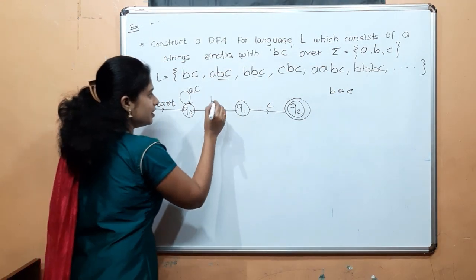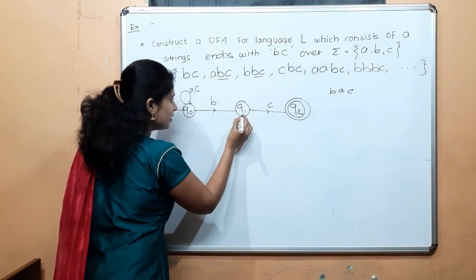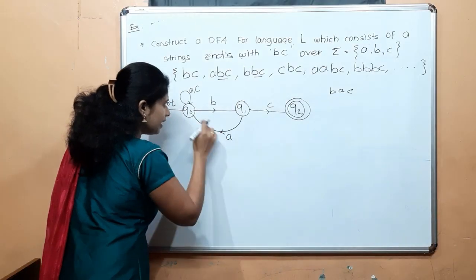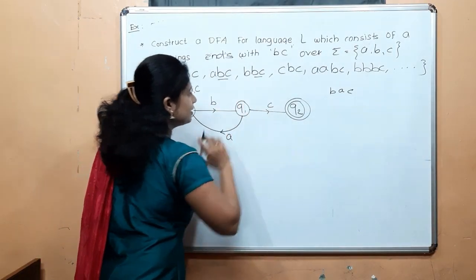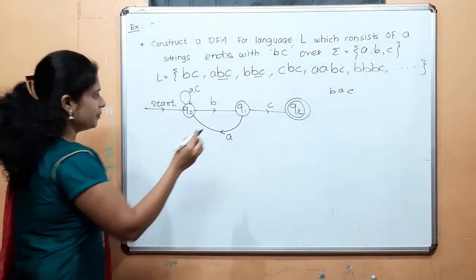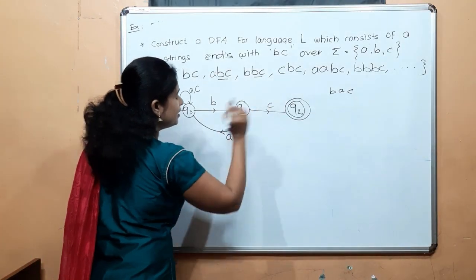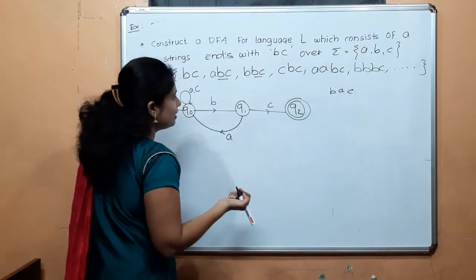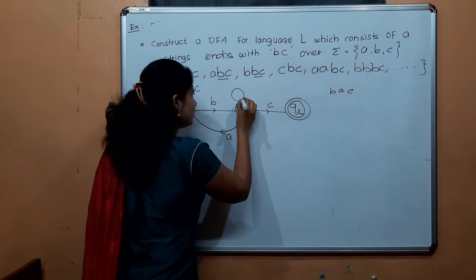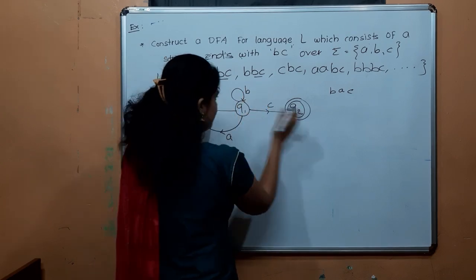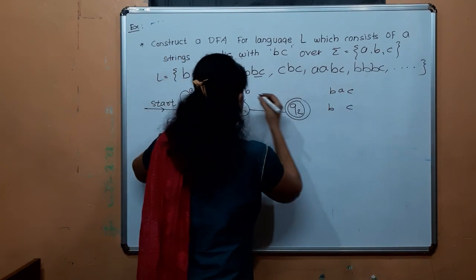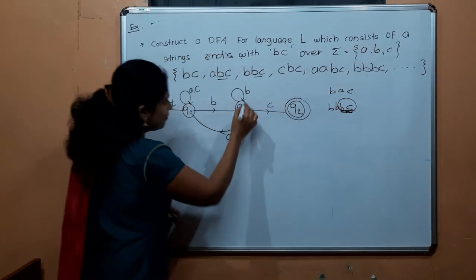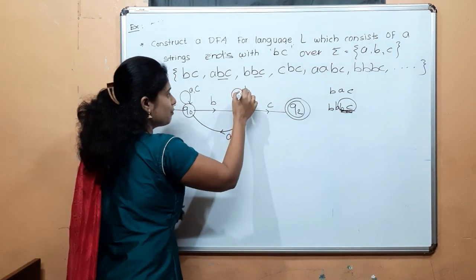Okay, see here, if A occurs, then A is given here: B, A, B, C. Okay, understand? B, A, B, C. If B occurs, then what will we do? If this B is here and C, then here we can use any number of B's. The string ends with BC. That's why here we can give the self loop of B.